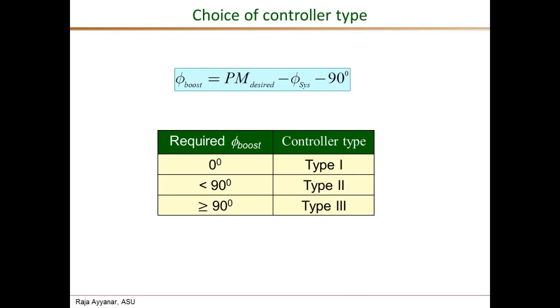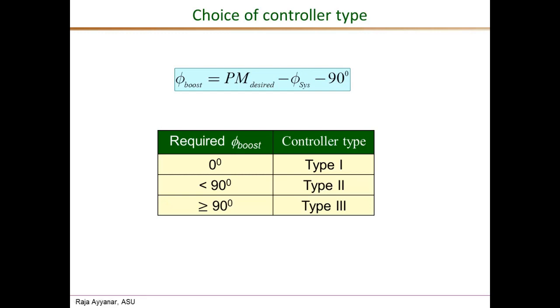Once you determine the required phase boost from the controller, use this table to decide on the type of controller needed. If you do not require any phase boost, just 0 degrees, then type 1 is suitable. Type 1, recall, only has an integrator, does not provide any phase boost, so it's not very widely used.